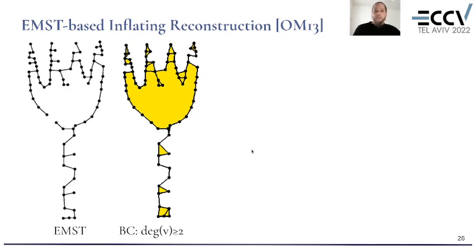And now we get a shape which is closed. It has an interior shown as the yellow area, but still looks deflated in many regions.